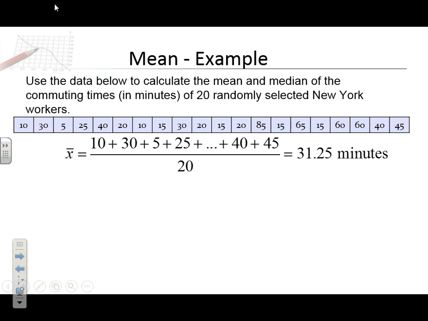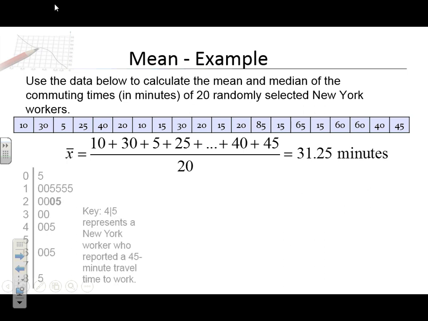Now, what we can notice here, if we look at this actual distribution, so here I just created a stem plot of this set of data. What do we notice about the shape of our distribution? It is skewed. Now, on stem plots, this is what's kind of tough to figure out, like the skewed right, skewed left nature.